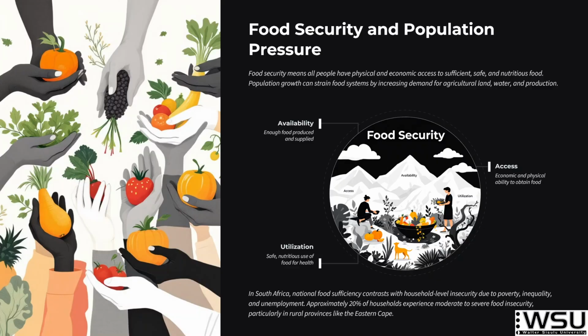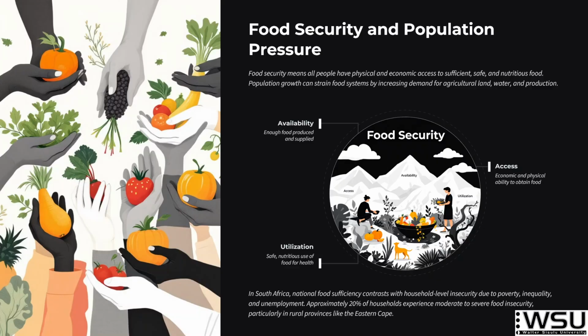Population growth can strain food systems by increasing demand for agricultural land, water, and production. Okay, there's a possibility for that.